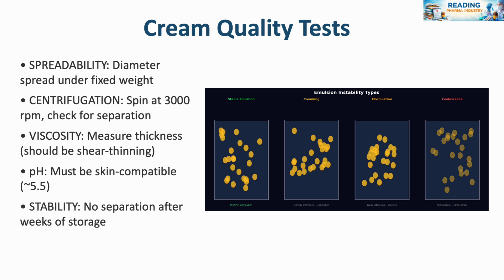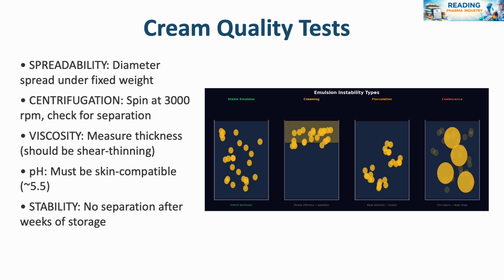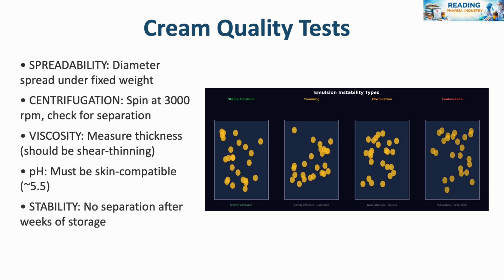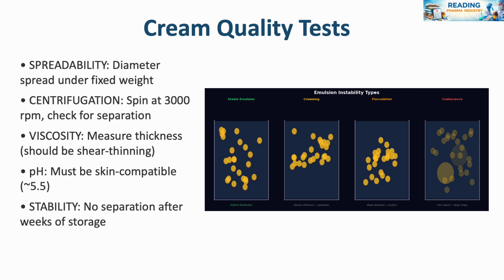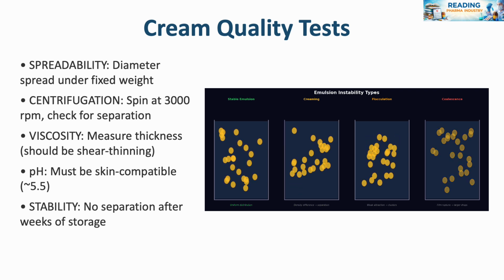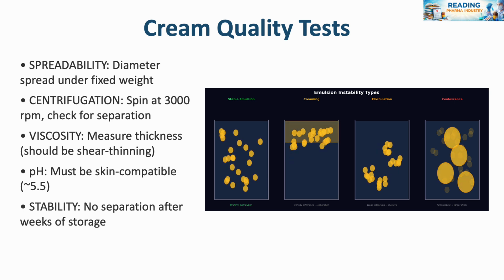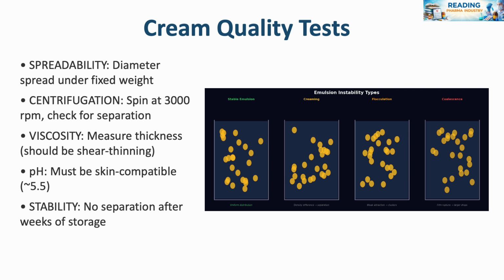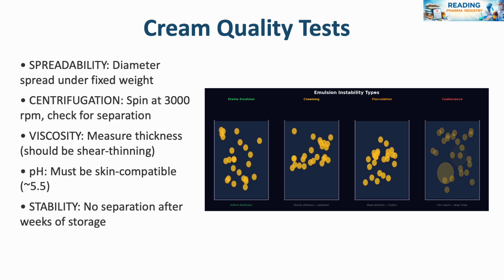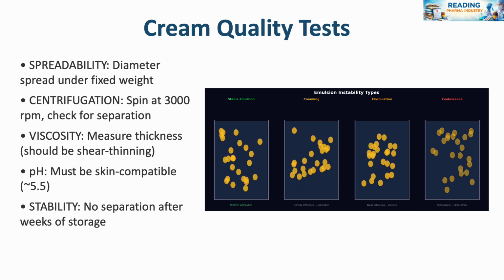These are common quality tests that are used to assess the formed creams. The first one, which we mentioned, is the spreadability, and this is related to the viscosity as well. That often gives you an idea how the cream is doing when spread on the skin. Using this test, you will measure the diameter spread under a fixed weight. You can also do a centrifugation test, where you centrifuge the formed cream at, for example, 3000 RPM, and you check if there are any signs of separation.